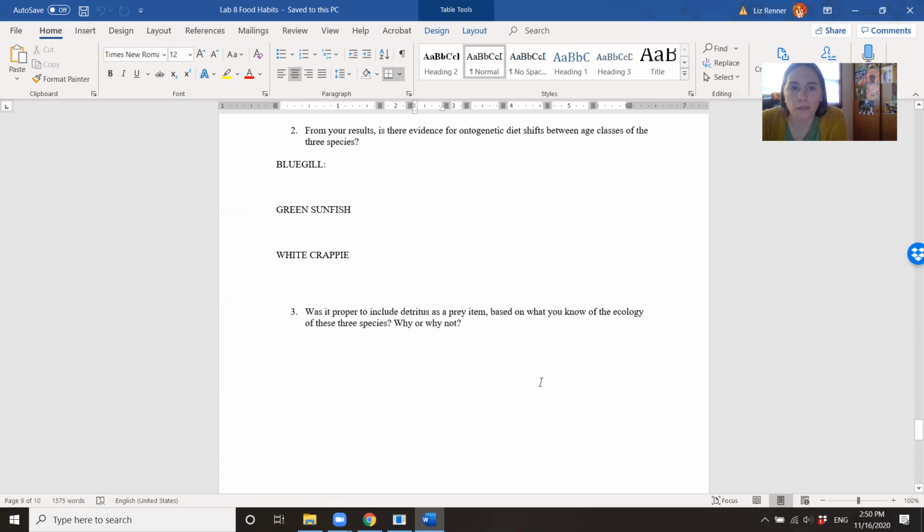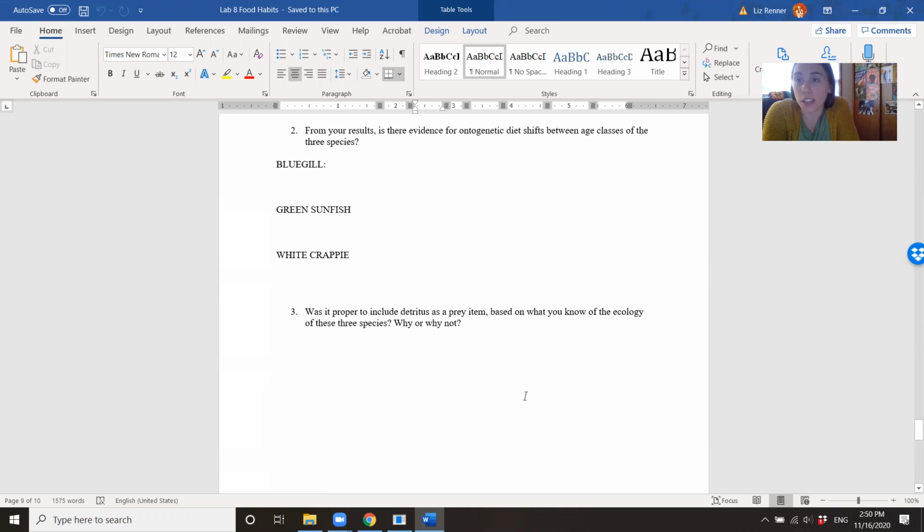And then, was it proper to include detritus as a prey item based on what you know of the ecology of these 3 species? Why or why not? This requires a little bit of knowledge about what these three species eat. Bluegill are really omnivorous, right? We know that bluegill feed on a wide variety of, especially, aquatic insects, snails, and vertebrates.